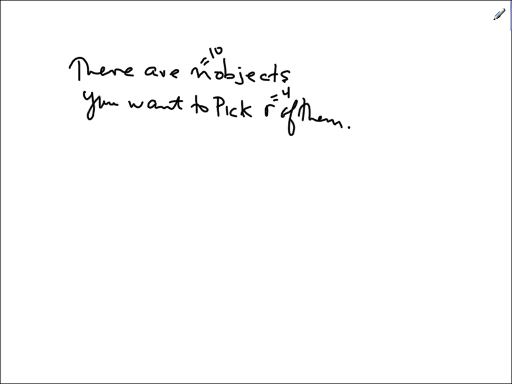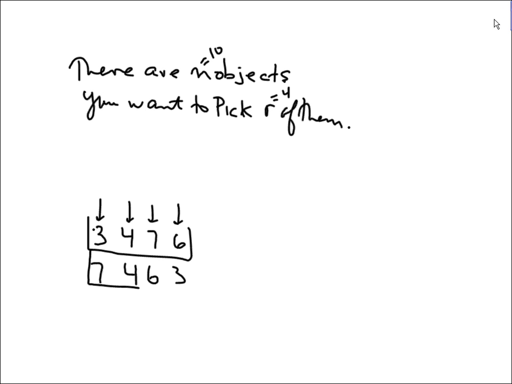In other words, suppose there are 10 people numbered 1 through 10. If the boss picks these 4 people to be hired, is this the same? First he picked 3, and then he picked 4, and then 7, and then 6. Or maybe this person first picked 7, and then 4, and then 6, and then 3.